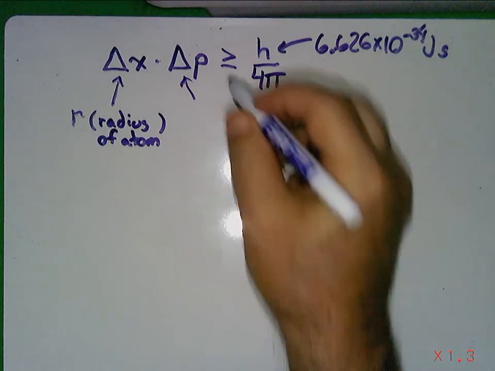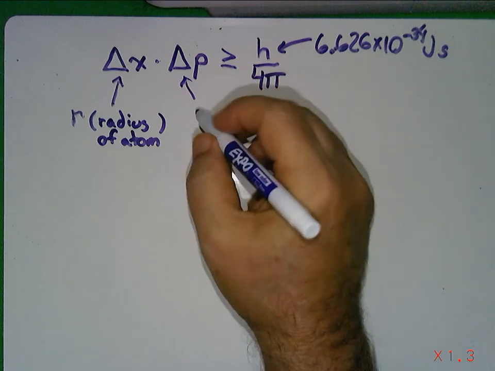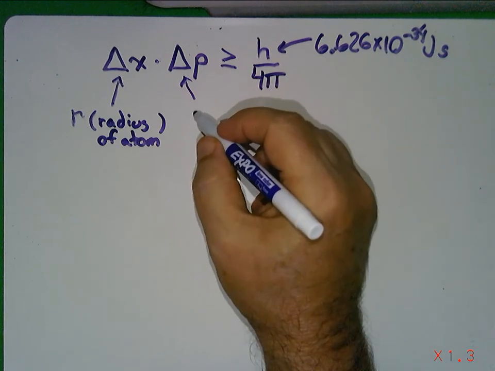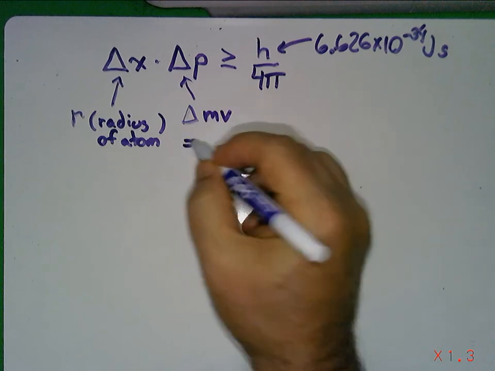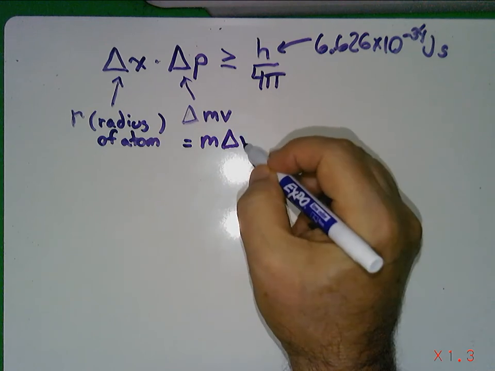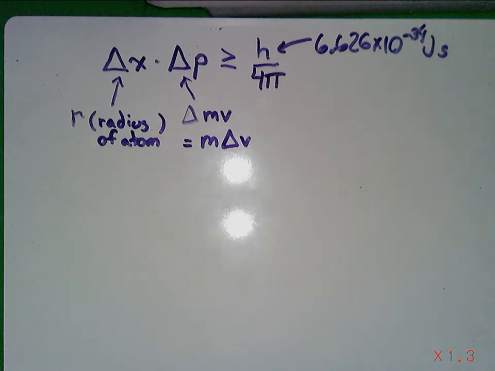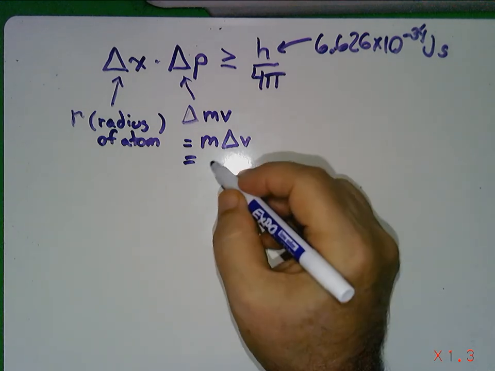The momentum is mv. So the uncertainty in mv is going to be the mass times the uncertainty in the speed.